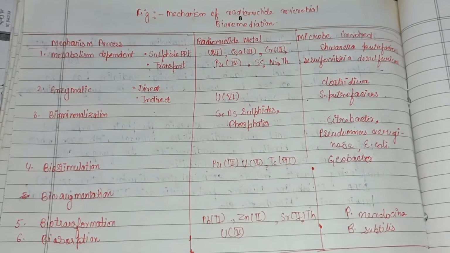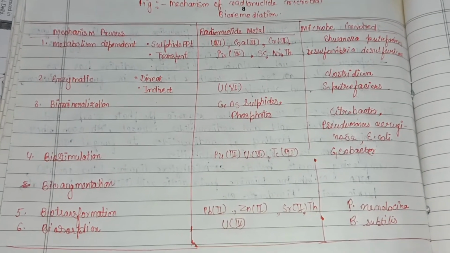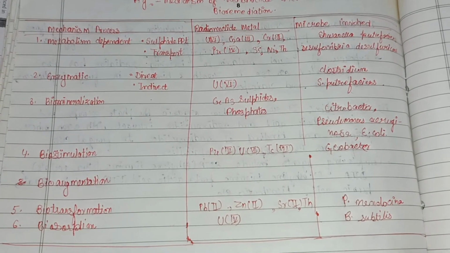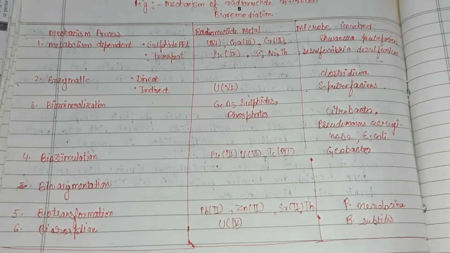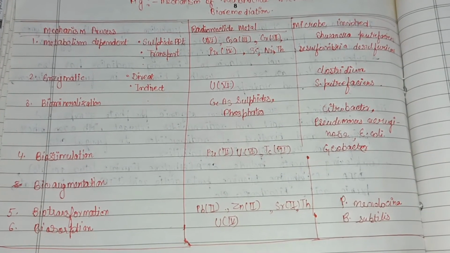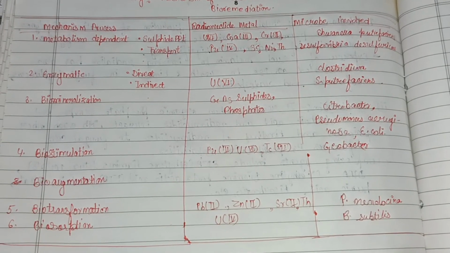So the advantages of using microbes for bioremediation of waste are many, because of the properties they possess, that is high specificity, high reusability, high efficiency, complete removal of the pollutant, low expense, and no pollution, that is no secondary pollution will be there.